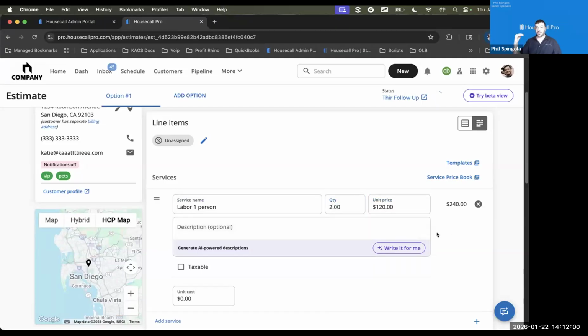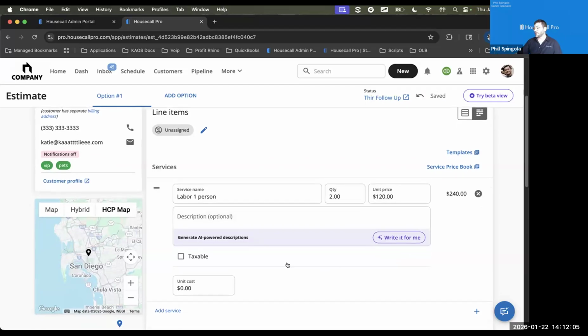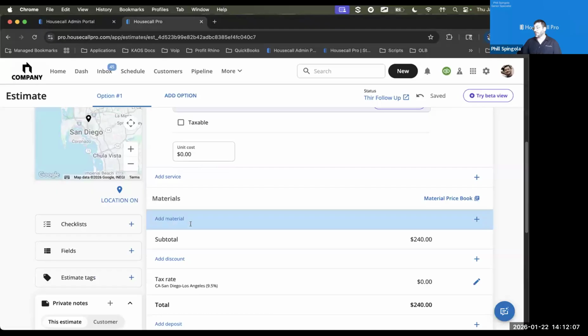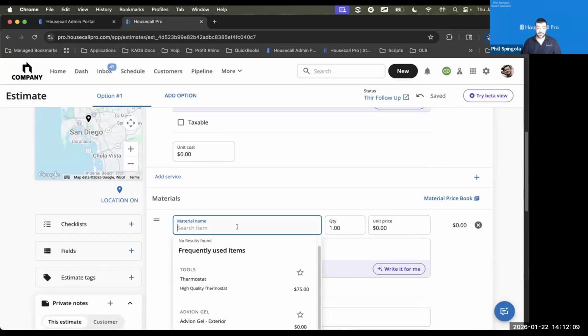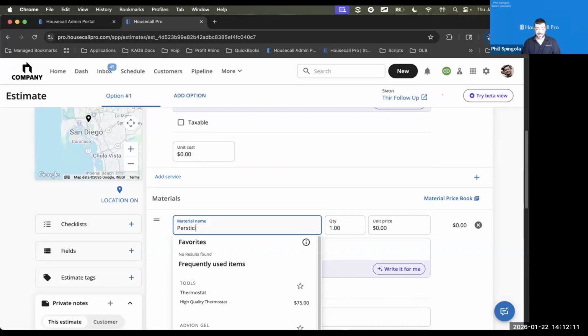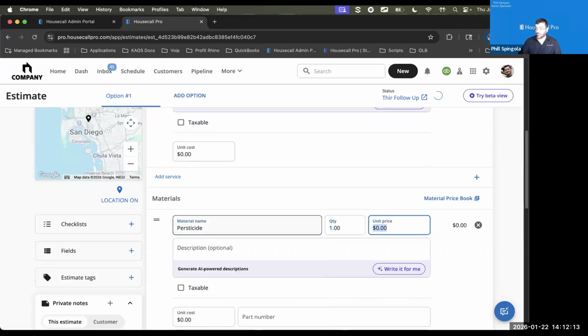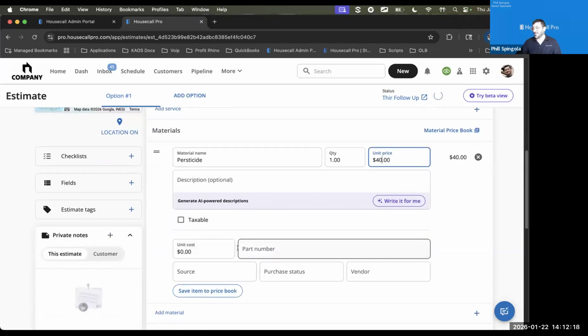So that clearly shows the customer that they're paying for the labor of the one technician. And then down below in the materials, that's where they're going to put in pesticide, just kind of making stuff up here, $40.